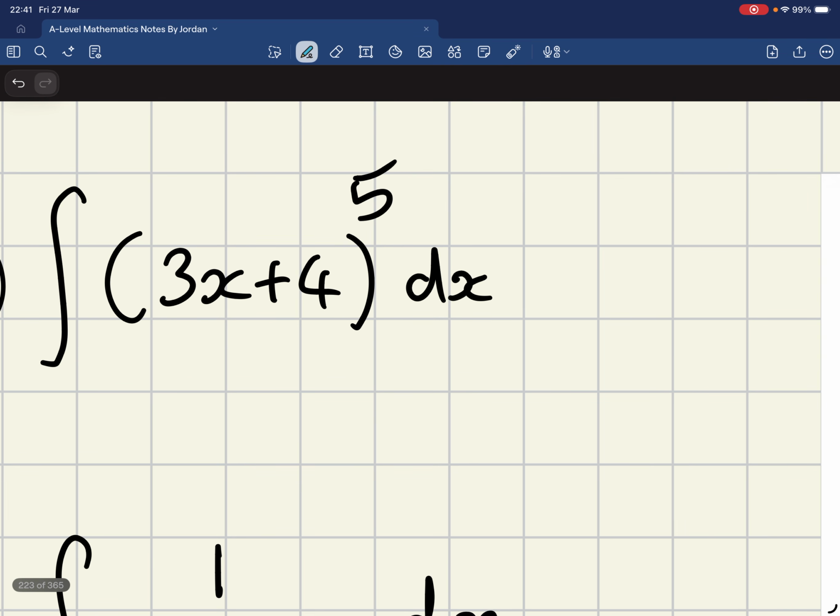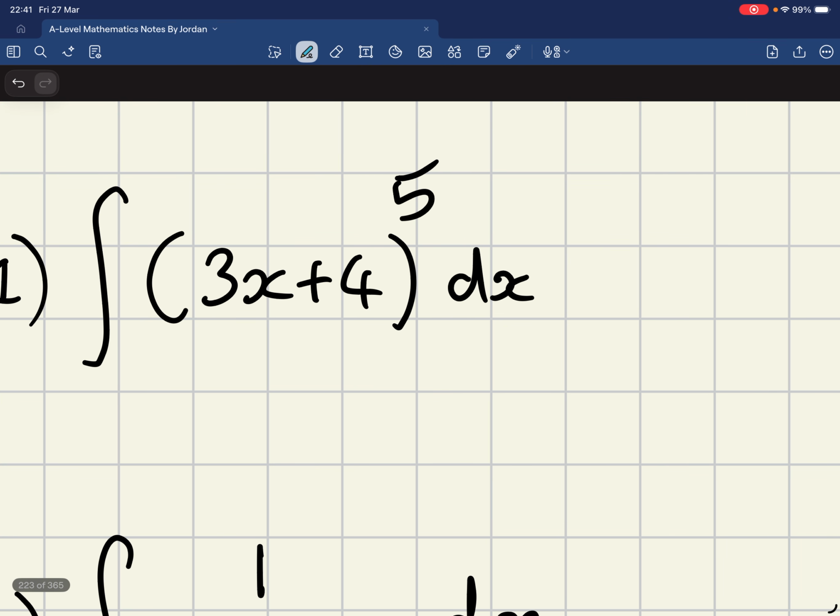This is also called the reverse of the chain rule. Okay, so if you understand how the chain rule works, then this becomes really easy. This is what you'd also call a composite function. So that's what you're trying to spot here.